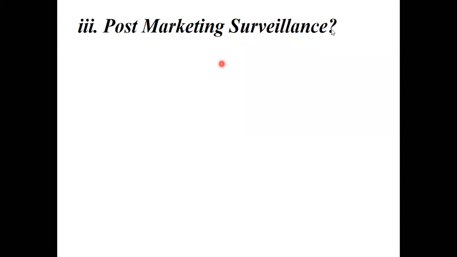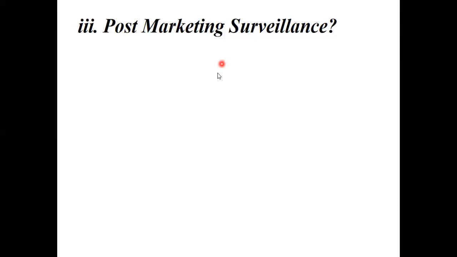Sir, observation. Observation. Is there any better word than this? Your answer is correct. Monitoring of the drugs. Yes, monitoring of the events, mainly events. Monitoring of the events actually.